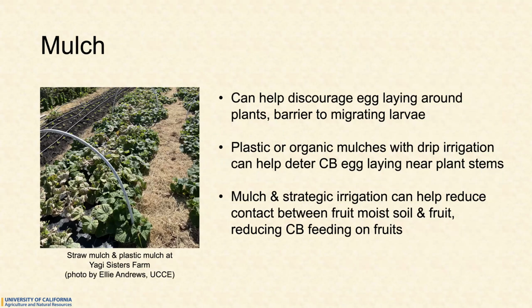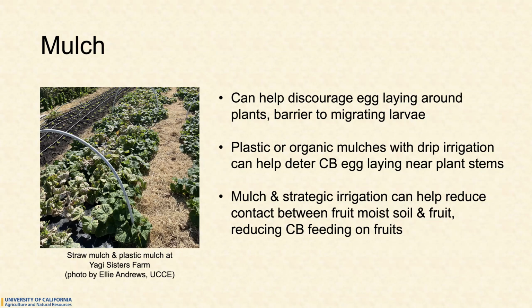Another strategy is mulch. This can help discourage egg laying around plants. It creates a barrier to migrating larvae. You can think about plastic or organic mulches or both with drip irrigation. Combining these things can help deter egg laying near plant stems.